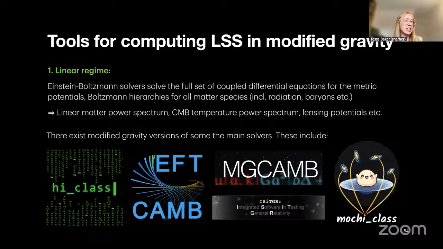There's something called EFTCAMB, which uses an equivalent formalism. So you won't recognize the objects we've explored today, but there are equivalent versions where EFT, of course, is effective field theory. So it's really representing the effective field theory of dark energy formalism in CAMB. Then there are a couple of others, and I won't go into the details of all of these. I haven't given links here, but you could go and Google any one of these names and come across these codes. Of course, if it was a competition for cuteness of the logo, my money would be on Mochi class.